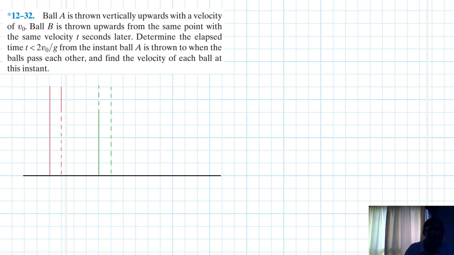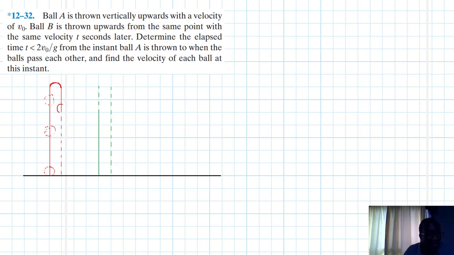So let's say we have this ball thrown. It is going up, and then we have this point where the velocity changes. It becomes 0 at that point, and then it comes down.